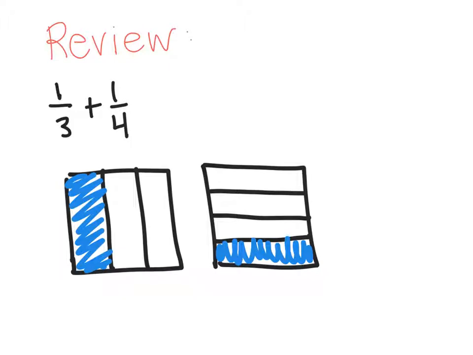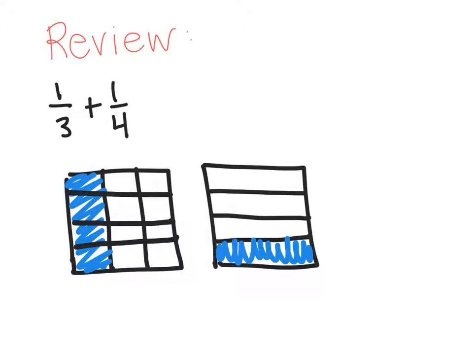We could make both of them into 12ths. 3 goes into 12, 4 goes into 12. That'll work. So let's go ahead and divide up the 1/3, turn it into 12ths. So we're basically multiplying that by 4.